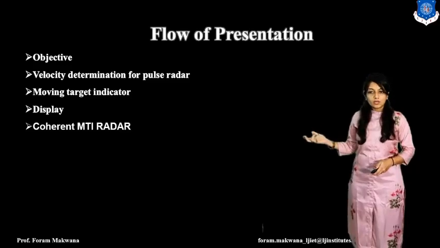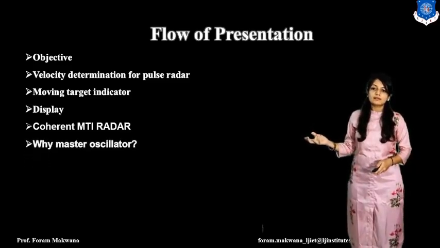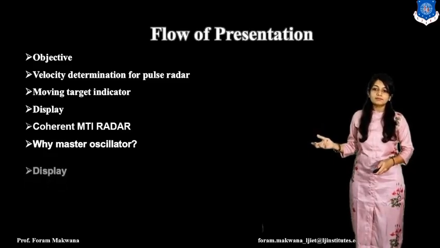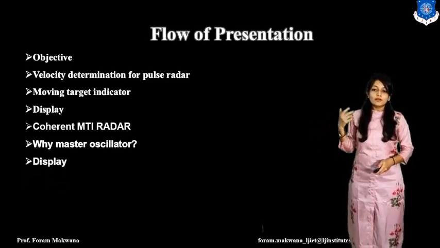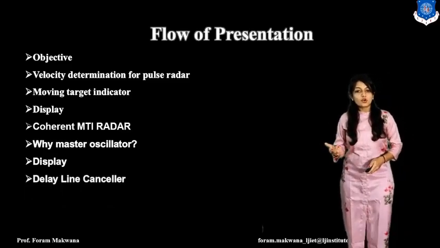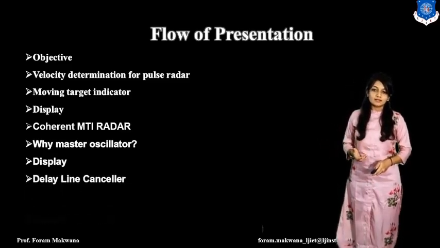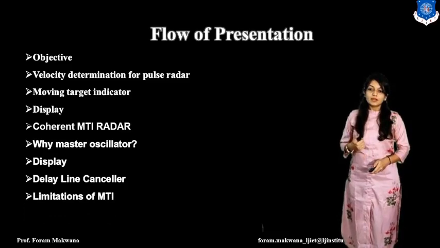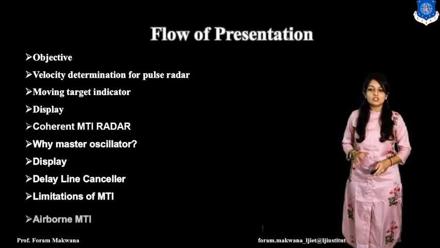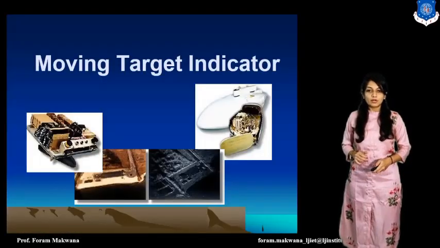What do we mean by coherent MTI radar, and why do we use a master oscillator? Why do we use a display, and what is the function of delay line canceller? And last but not least, we are going to study the limitations of MTI and the blind speed of MTI.